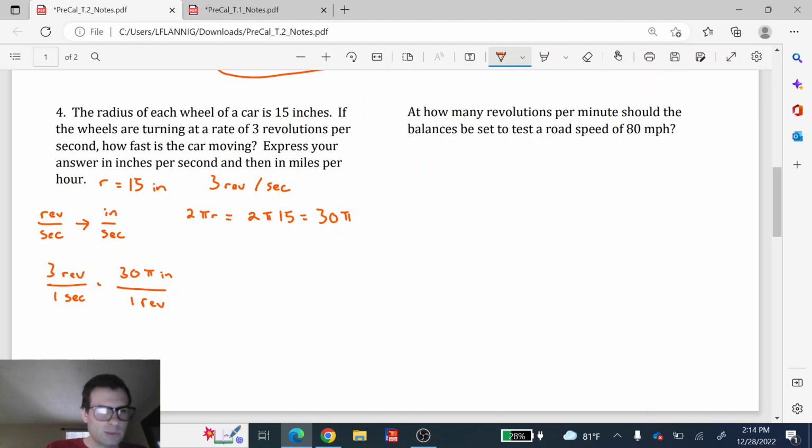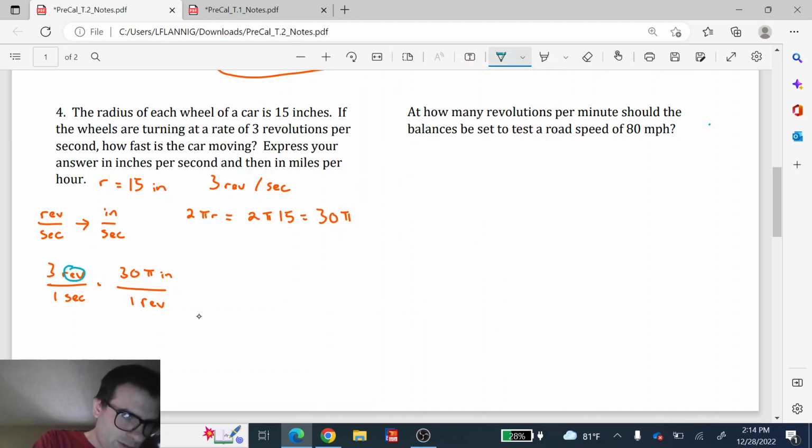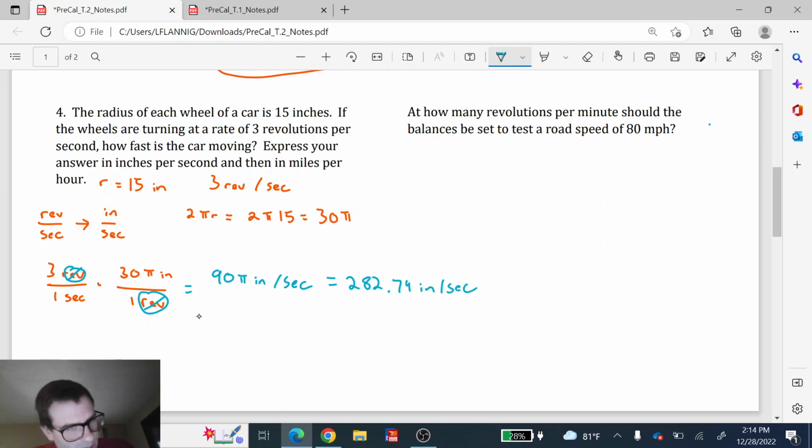At this point, this would get rid of our revolutions, because that's all we need to get rid of. So we want to get rid of revolutions here and revolutions here, and we're left with 90π inches per second. Or if you wanted a decimal answer, 282.74 inches per second.